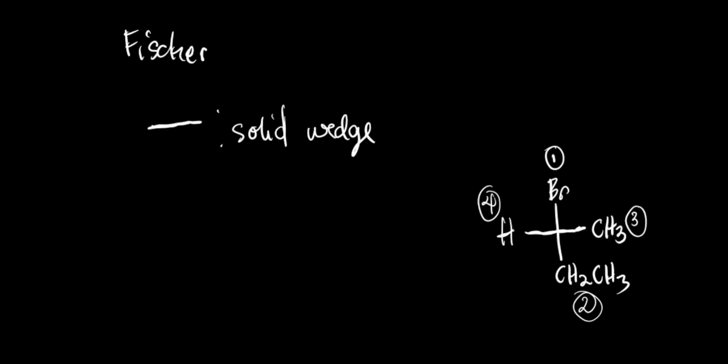Now in this particular molecule, hydrogen happens to be the atom with the least priority group, and for us to take our configuration to be what it is, the least priority group must be attached to a dashed wedge. So what do we do at this point?